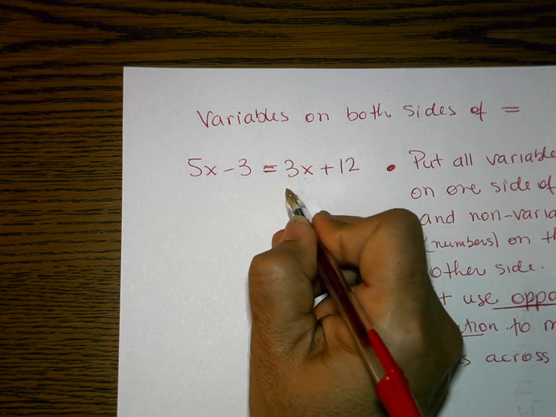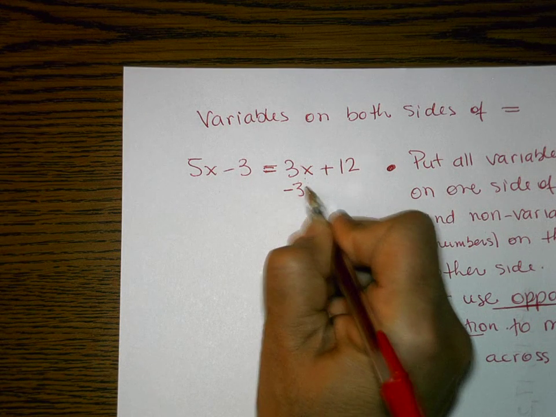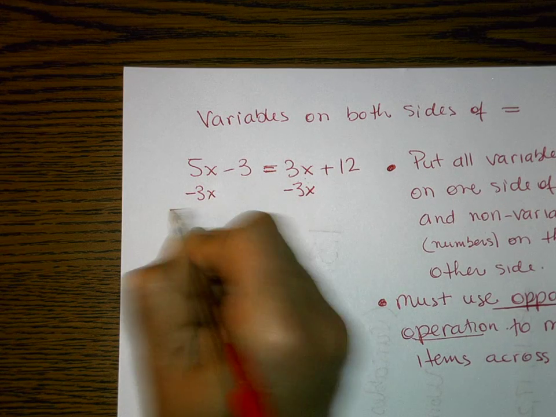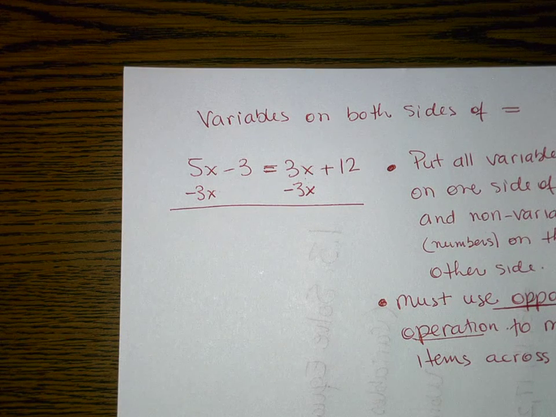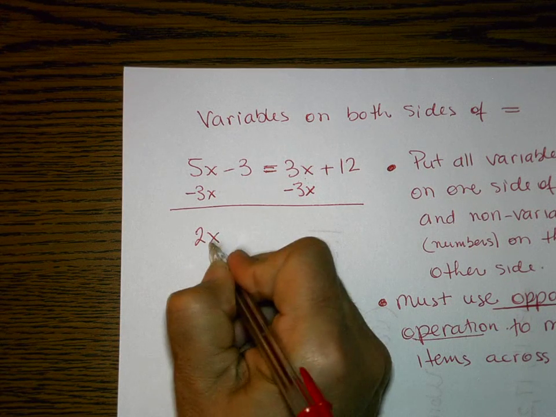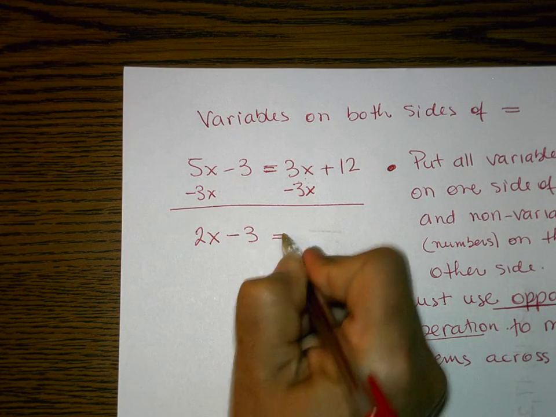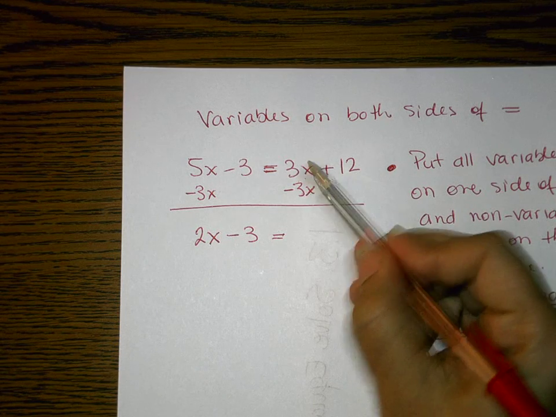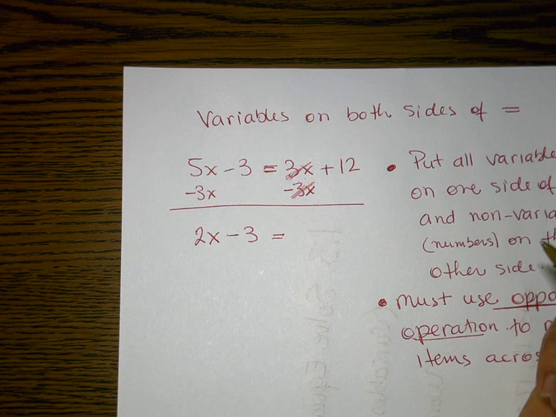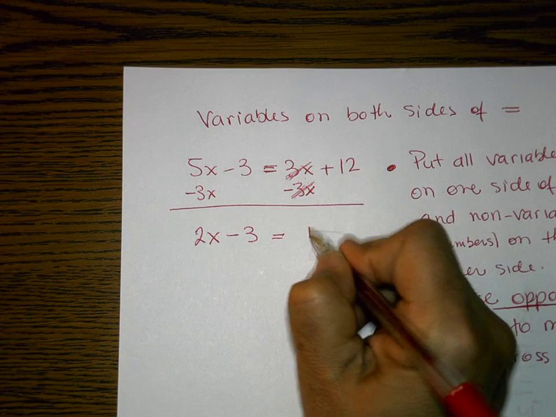So the opposite of positive 3x is negative 3x. If I do it to the left, I better do it to the right. If I do it to the right, I better do it to the left. So I subtracted 3x. So 5x minus 3x, now we have 2x minus 3 equals this positive 3x and this negative 3x, they become 0, and we only end up with a 12.